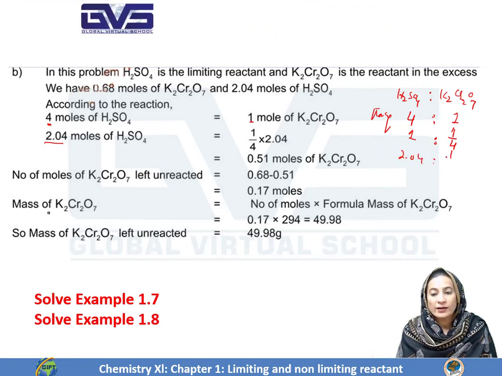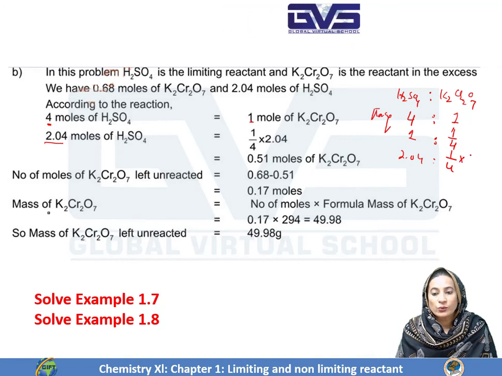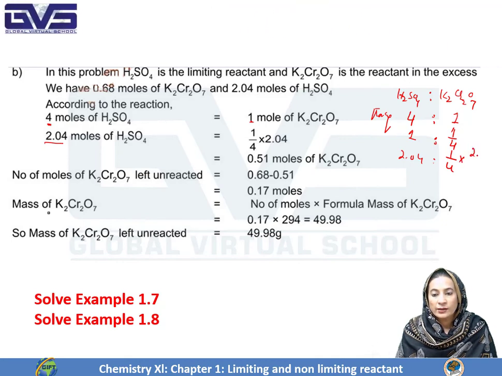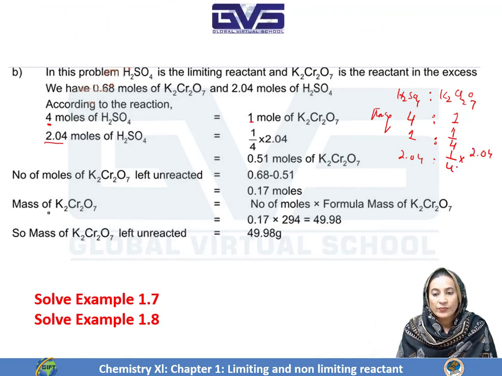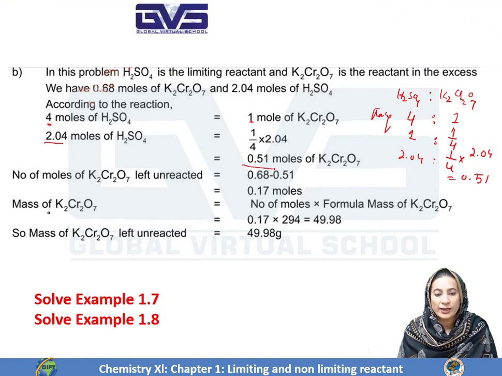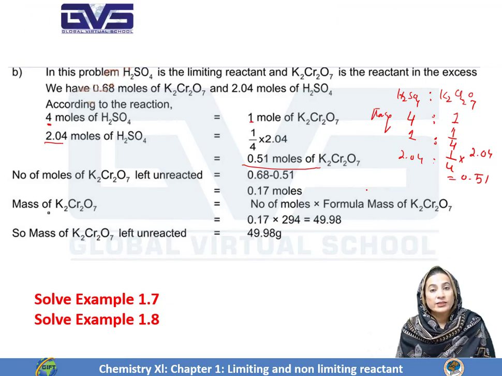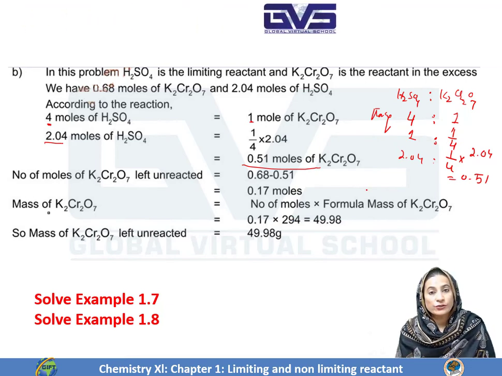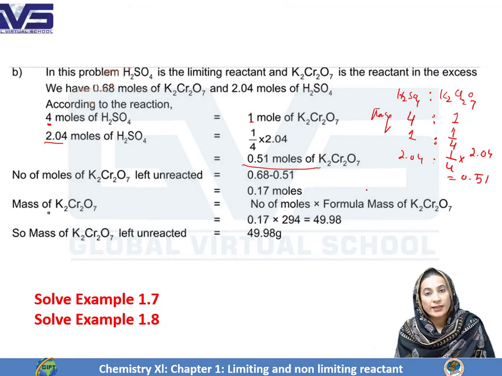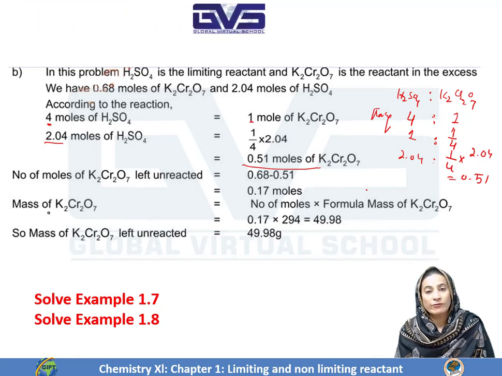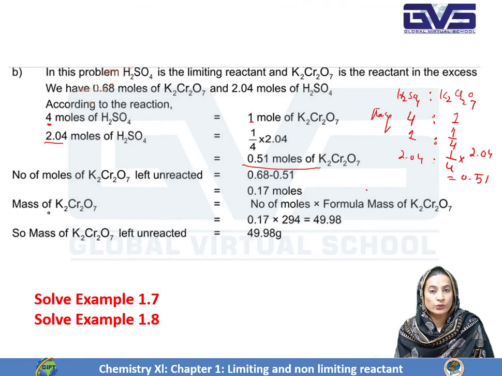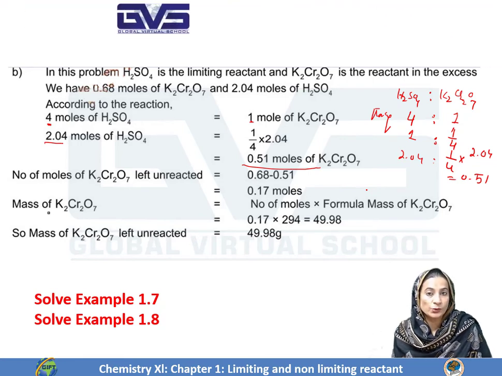2.04, then how much K2Cr2O7 will be consumed? The answer is 0.51. This is the same calculation as this one. So when 2.04 moles of sulfuric acid are consumed completely, only 0.51 moles of K2Cr2O7 will be consumed.